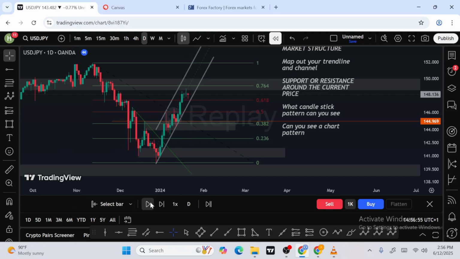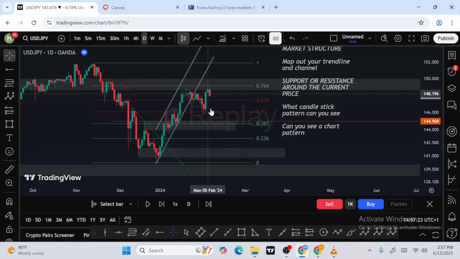Now let's see. Has it closed below it? No. Has it closed below it? Yes. Do you see it now? When it closed below it, we are expecting that it comes to the next, which is there. Did it come to the next? Yes. If it closes below this too, you are expecting that it comes to the next. Do you get it now?